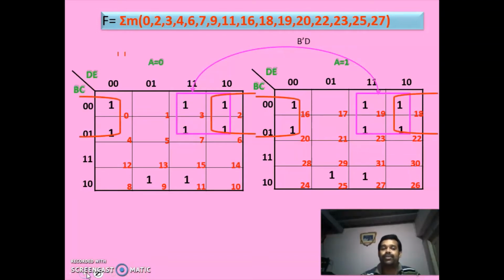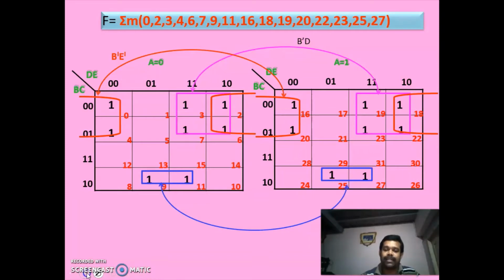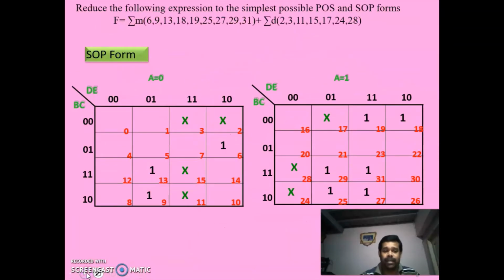Then these two quads and its expression is b bar e bar, and then we are having a pair. It is also present in both the cells. Its term is b c bar e. So finally the answer is b bar d plus b bar e bar plus b c bar e. Next we are going for the next problem.